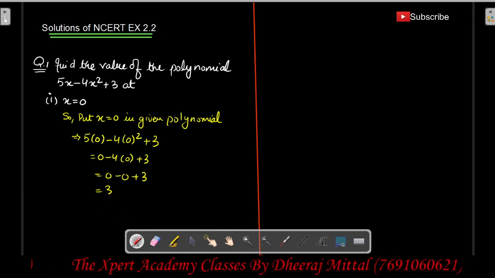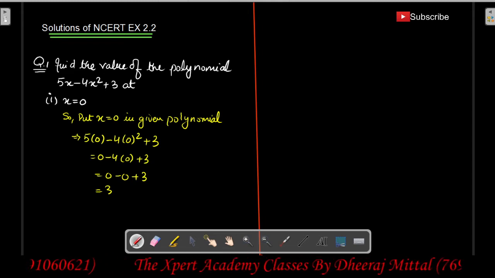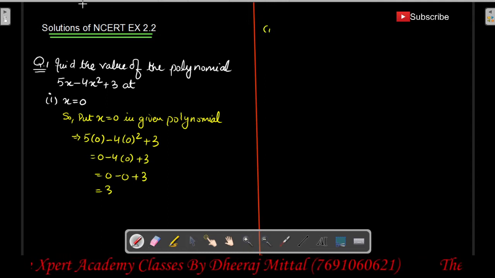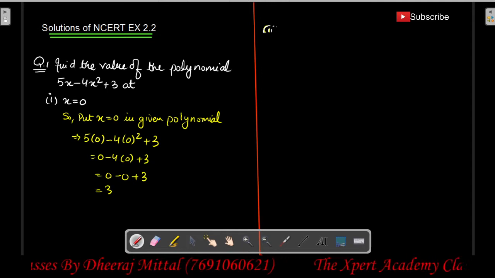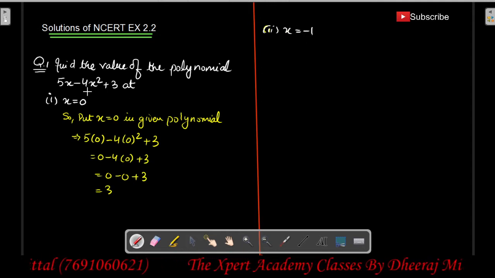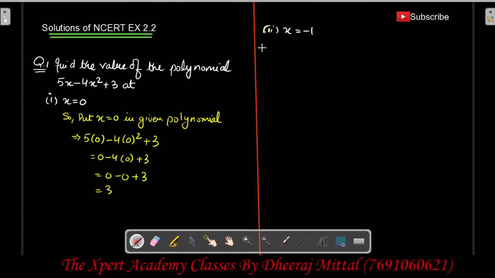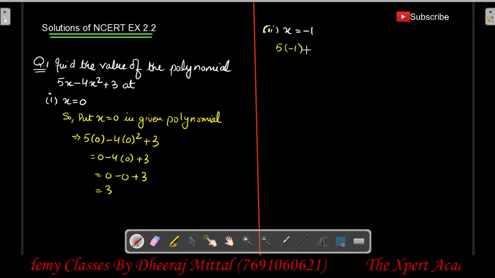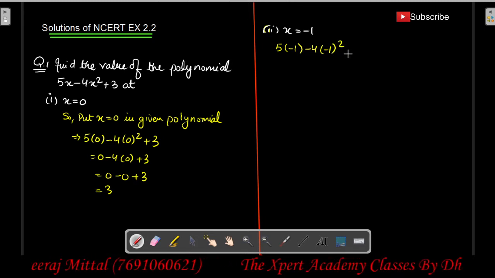Likewise the second part is x is equal to minus 1. So on putting x is equal to minus 1 in the given polynomial, we will get 5 into minus 1 minus 4 into minus 1 square plus 3.